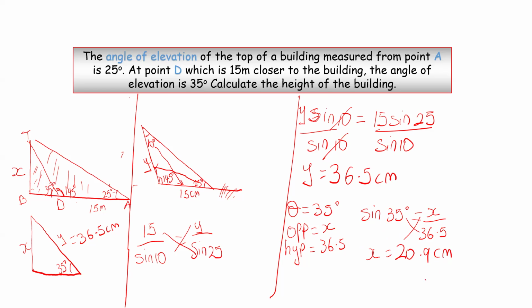So this means that the height of the building is 20.9 centimeter. So that's how you apply sine rule. And in our next class, we'll look at cosine rule.